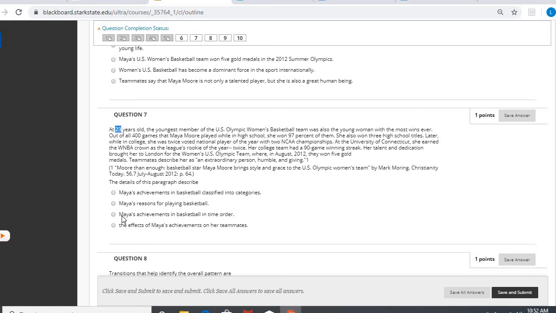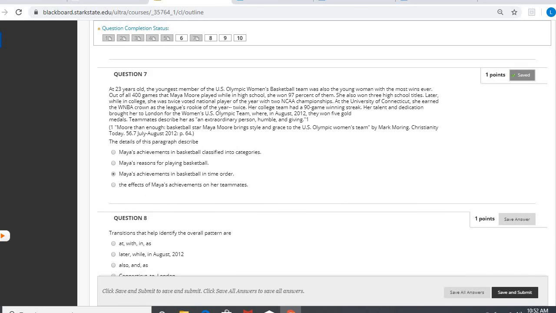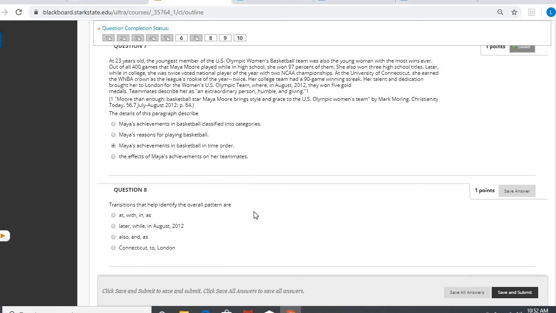They are definitely giving us some time order in regard to her basketball career, the things that she's checking off in her progression as a player. So that is time order. Keep that in mind. That's going to help us for question 8. Transitions that help us identify the fact that this is time order. I mentioned a couple of them already. The words later, while, in, and August, and the year. Those are time order. Those are all answering the question of when something occurred.